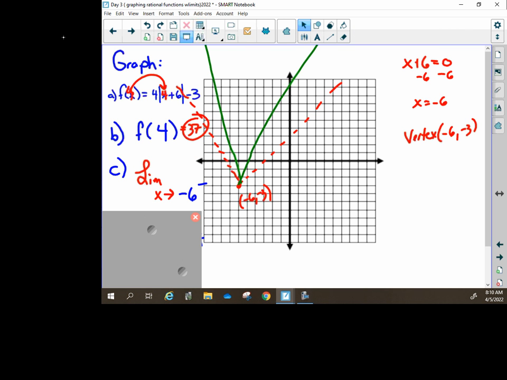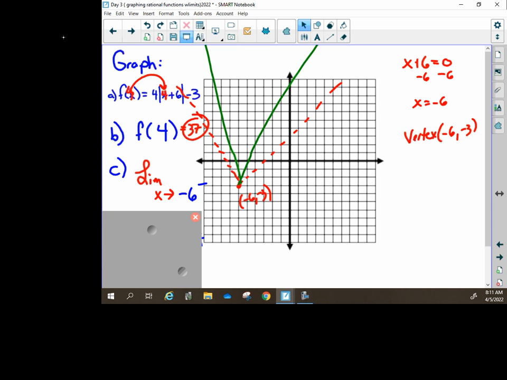Okay, now next question on that is, I want to come in and find the limit, so find the height, as you approach -6 from the left. Do you have to plug -6 in right up here?